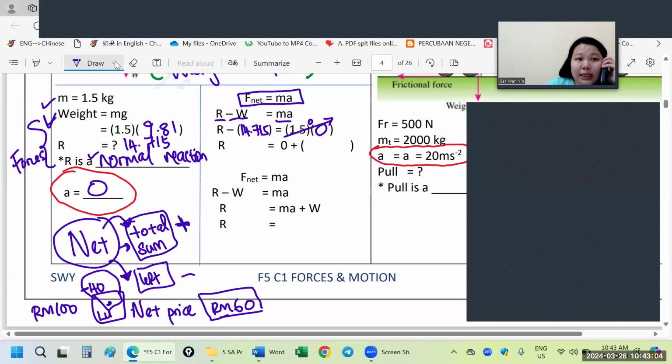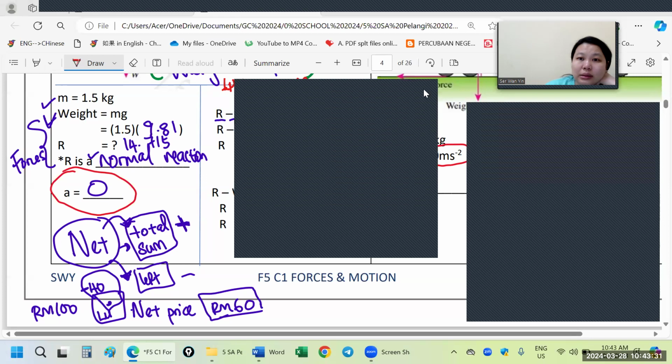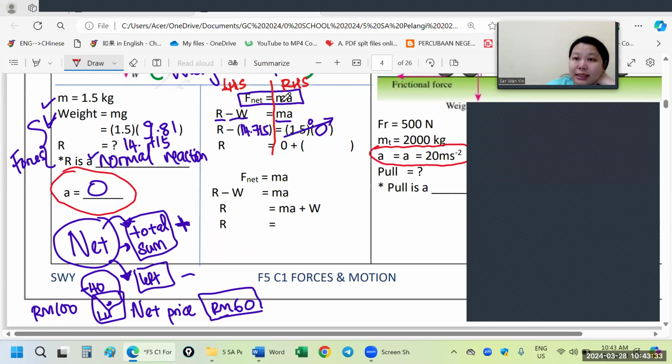Okay, so can you see actually we are doing, left hand side, we collect all of the forces, and right hand side we use mass times acceleration. So mass times acceleration on the right hand side, left hand side is force.